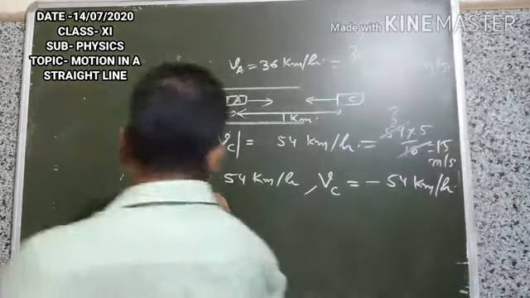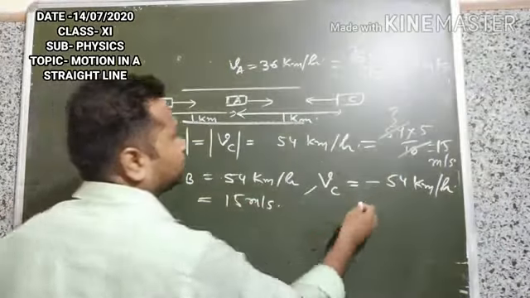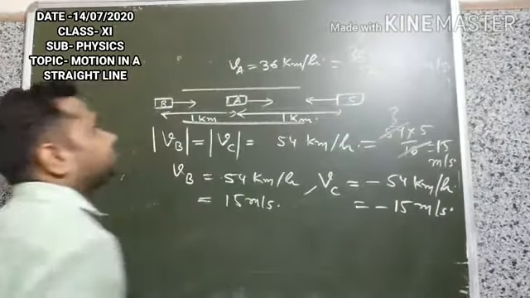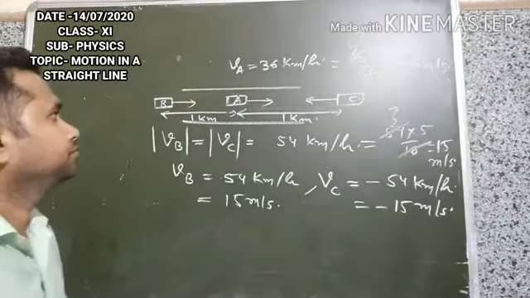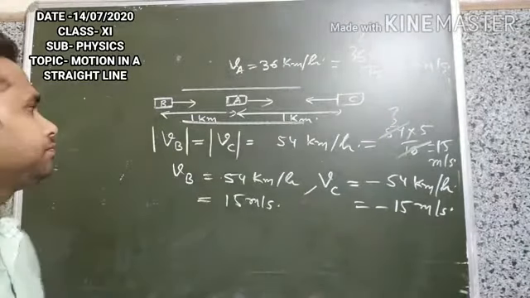So you can mark here 15 meters per second, and this should be minus 15 meters per second. So these are the given contents in the question.